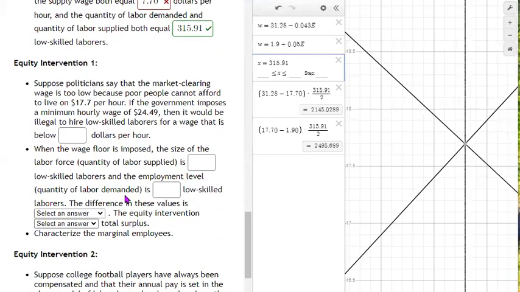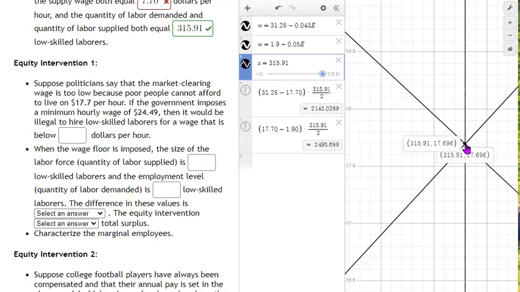Now, the equity argument is, suppose politicians say that the market clearing wage is too low, right? Poor people can't afford 1770 an hour, especially in this inflation that we're seeing. So at this wage, poor people can't afford to live off 1770.